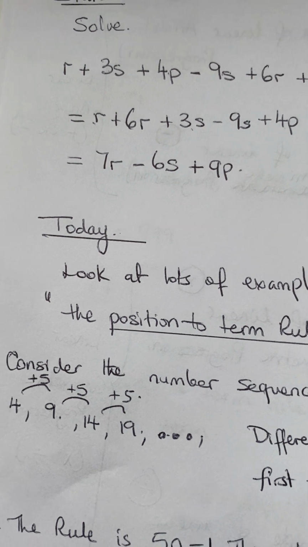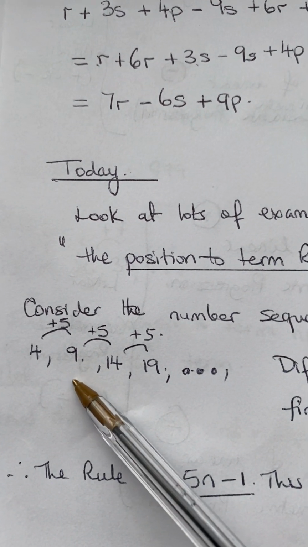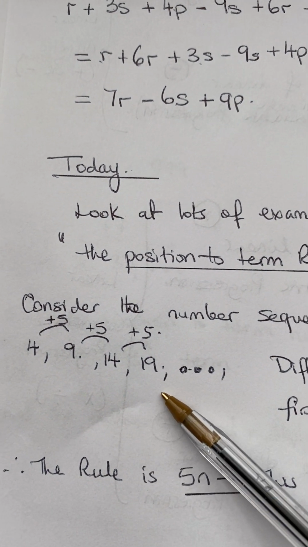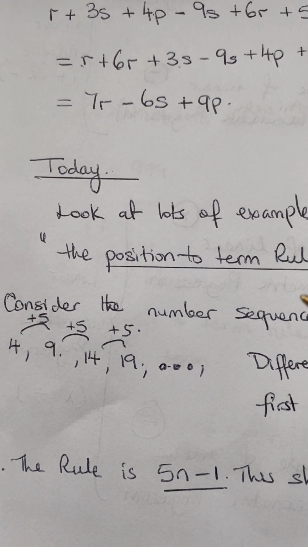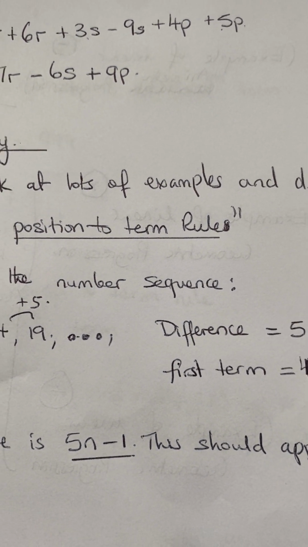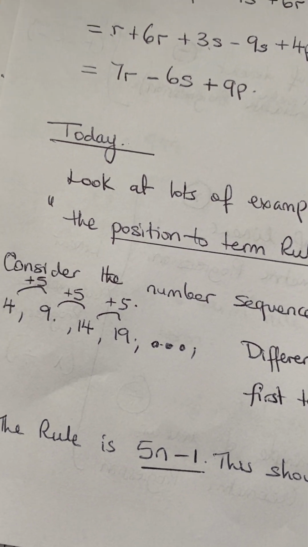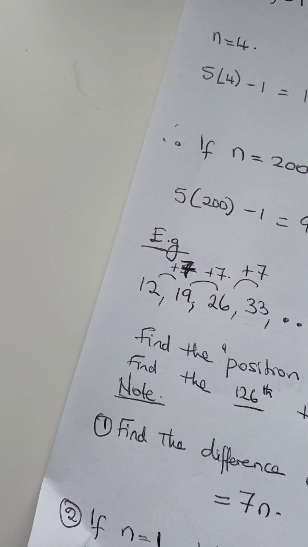If you get that equation, you test and see if it applies to the other numbers with your calculator. And if it applies, then you can use that rule to find any term you've been asked to. I think so far we've exhausted our examples for today.